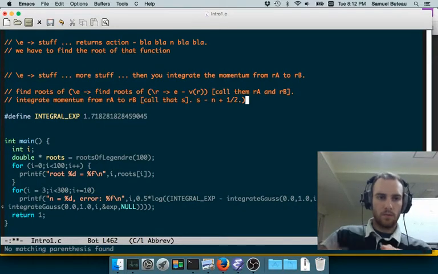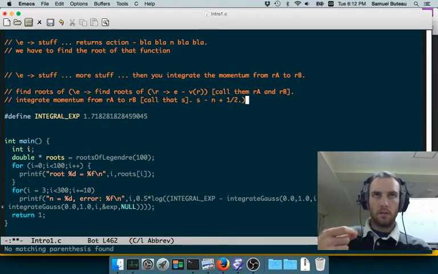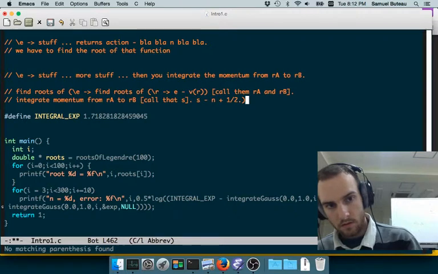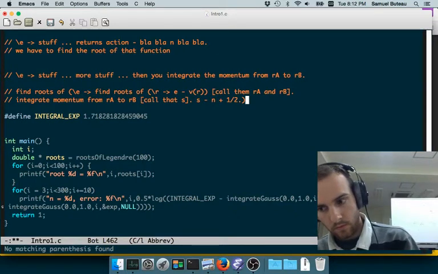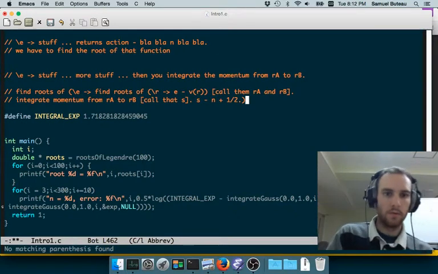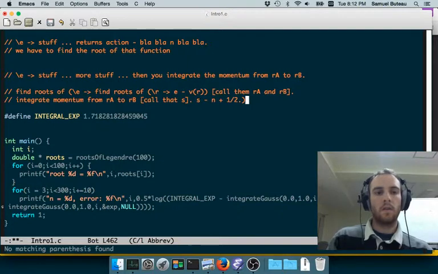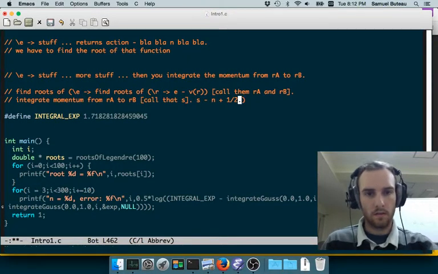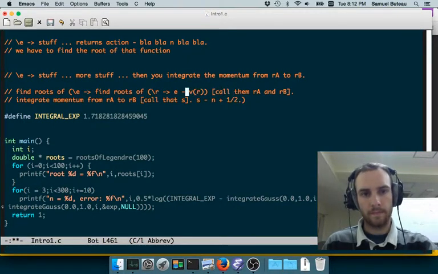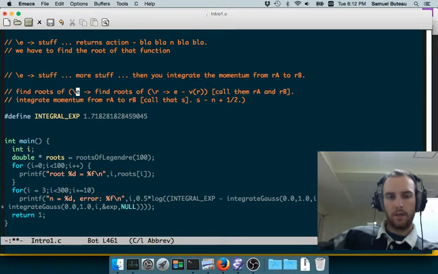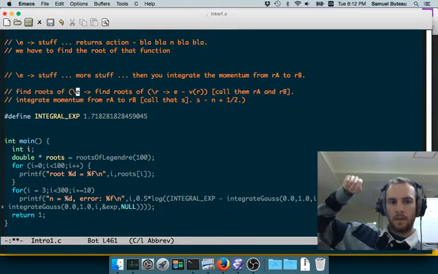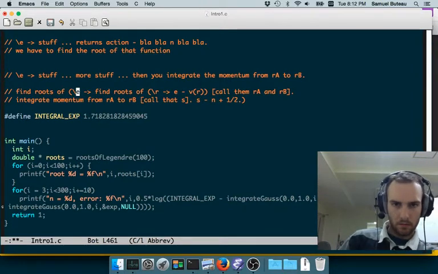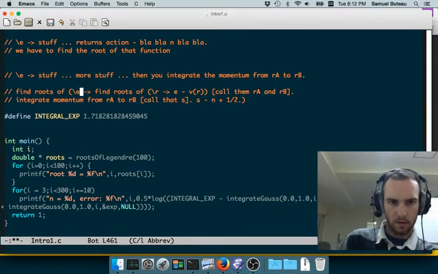You have to find the roots of the integral, for which you need to find the roots of this function. And the flow of information is you start with E, then given E, first thing you have to do is find the roots of this function.